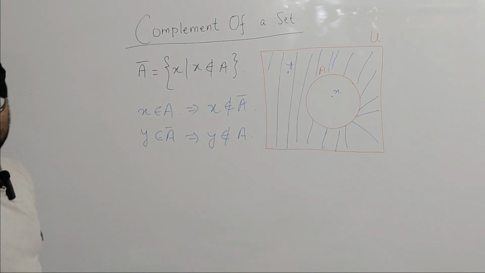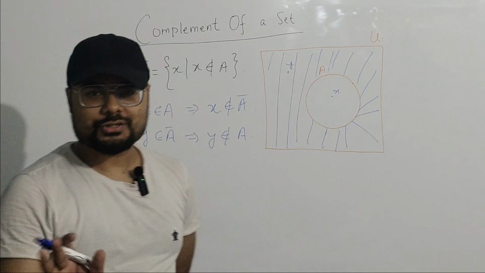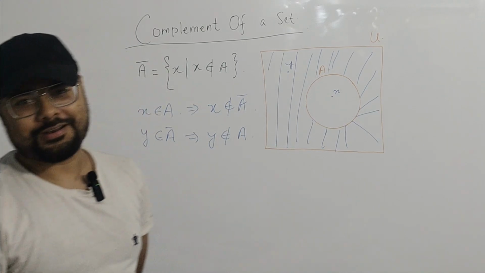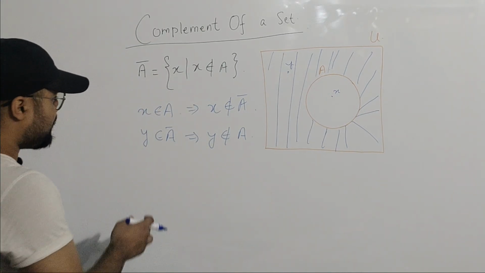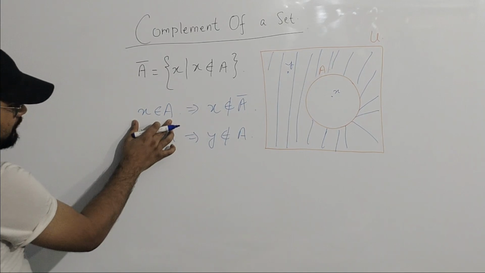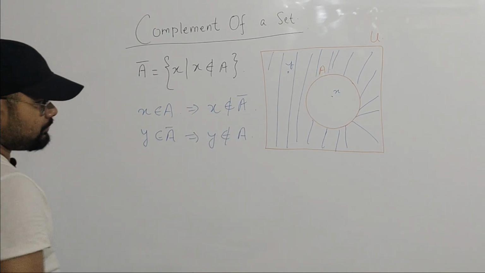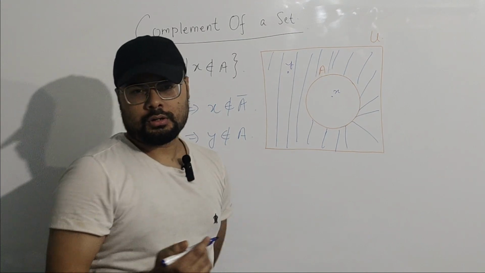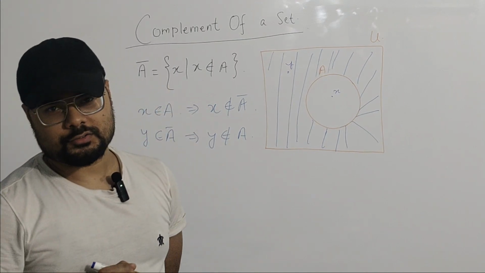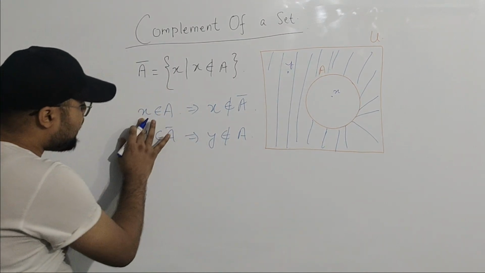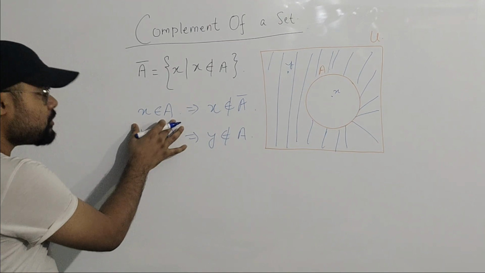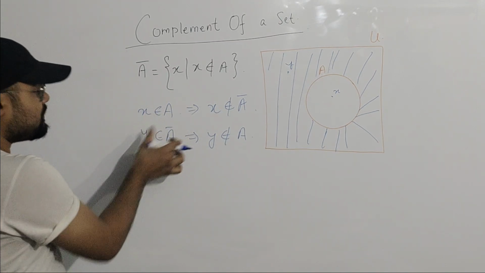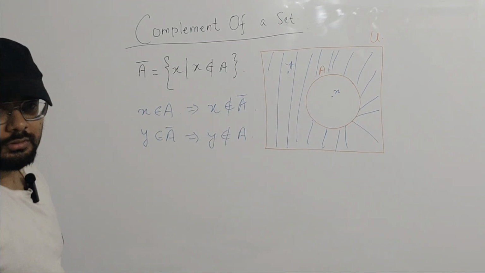So A and A complement are not subsets of one another, because for any X that you are taking, that X does not belong to the other. There is no intersection region either, because for every X that belongs to A, you do not find any X that also belongs to A complement.